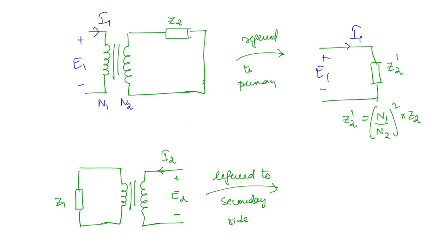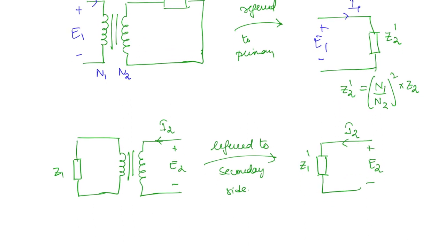So what you are going to get here is Z1 dash, and this is going to be E2 and this is going to be I2. What is Z1 dash here? This is going to be N2 by N1 whole square into Z1.